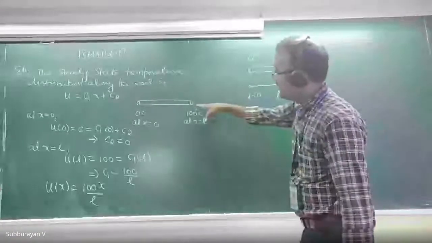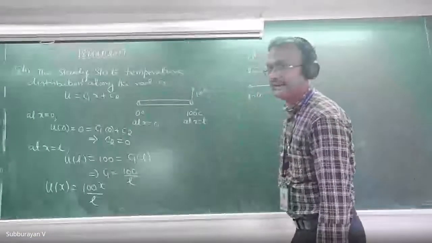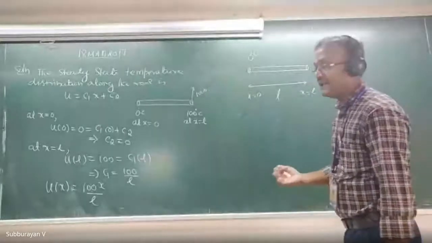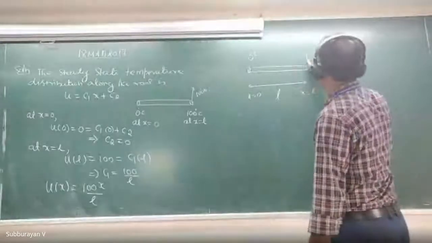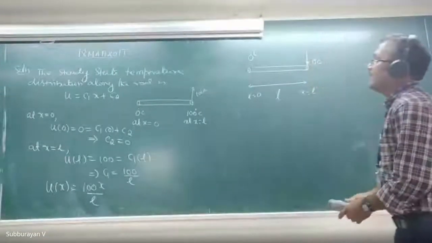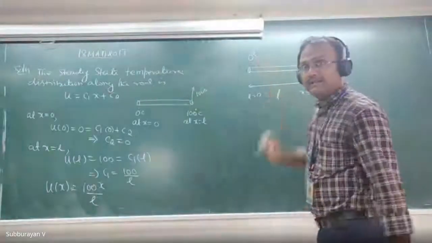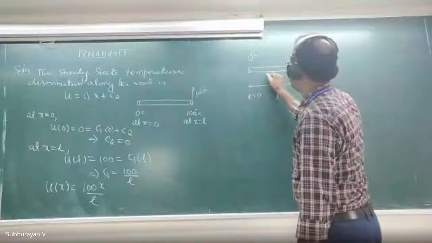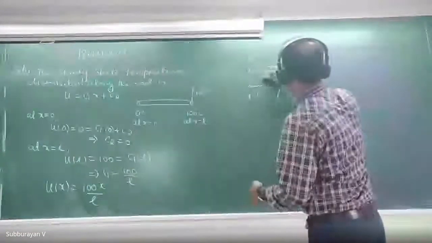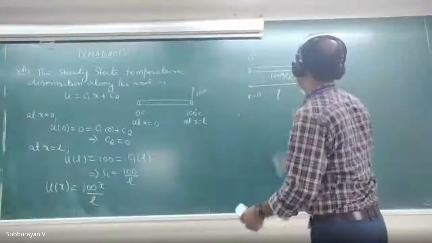Here initially we have 100 degrees Celsius, but we are reducing the temperature at x equal to L to 0 degrees Celsius. And initially the temperature inside the rod is 100x divided by L.